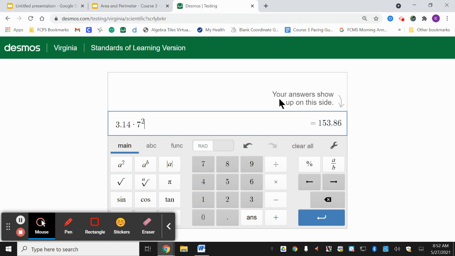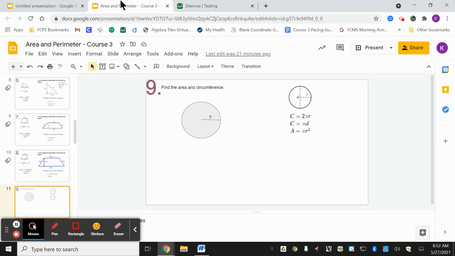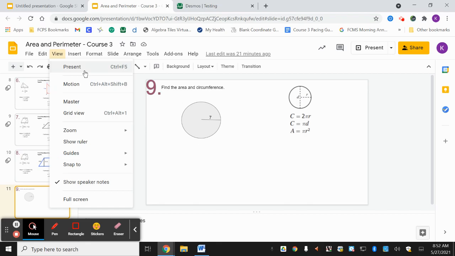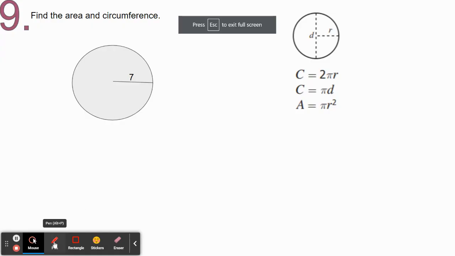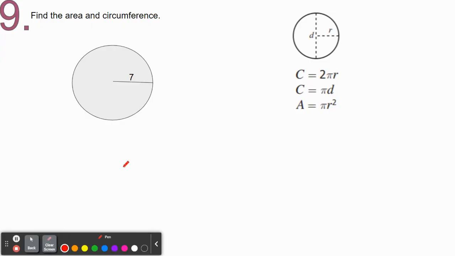We can round that to the nearest tenth, so we'll call that 153.9. And we don't have units on this, so we'll just call it units squared.